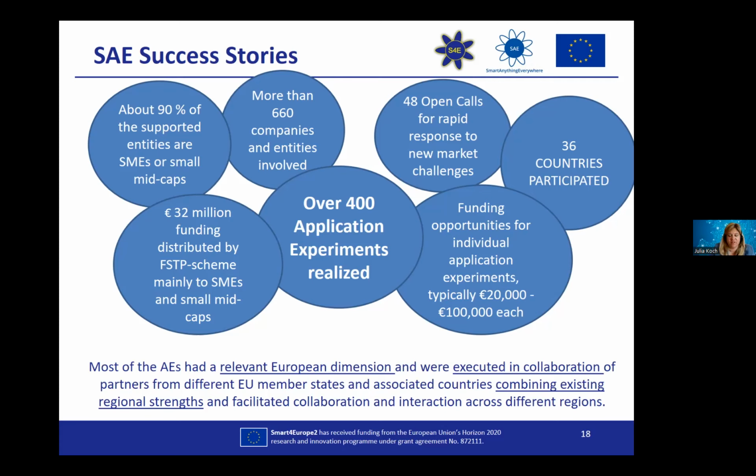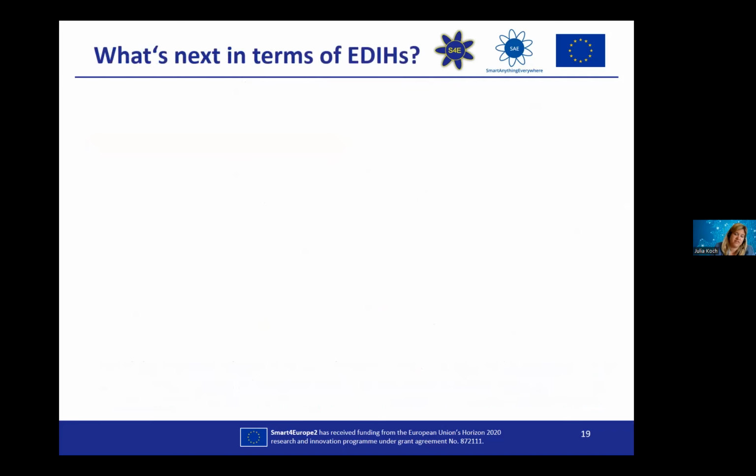The special thing about that collaboration was that the countries combined the existing regional strengths and facilitated collaboration and interaction across different regions. And this collaboration will also continue after the Smart Anything Everywhere initiative is no longer there. So that gives us a little bit of an outlook for the future.